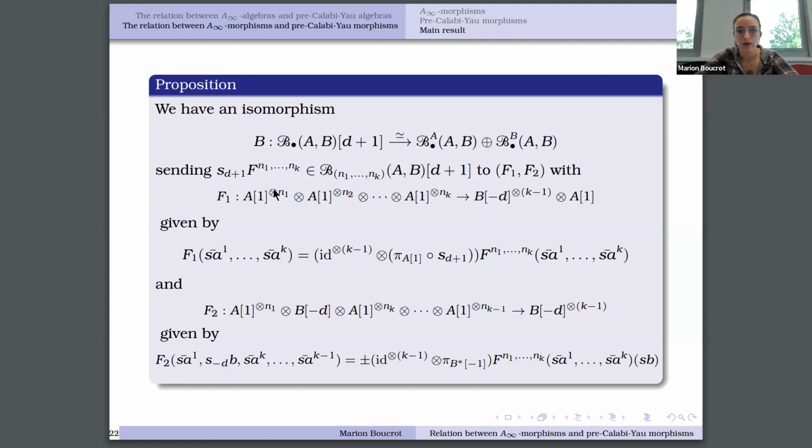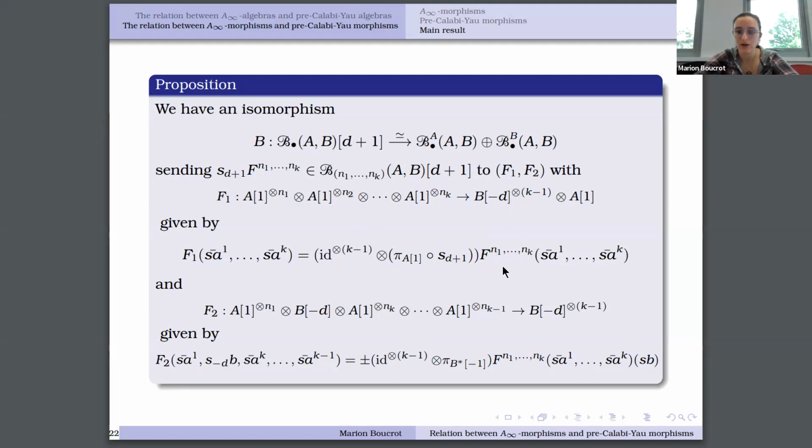So here we have k groups of inputs. Here we will have a tensor product of k minus 1 copies of B shifted by minus D, and the last element will be in A shifted by 1. So here we just apply this map on elements, which is the same as applying F on elements, which gives us k minus 1 elements in B shifted by minus D that we will leave as they are.